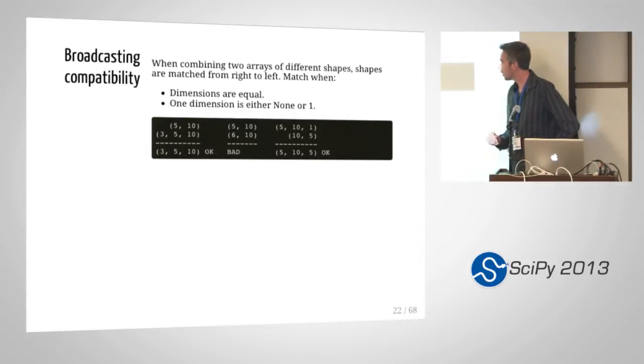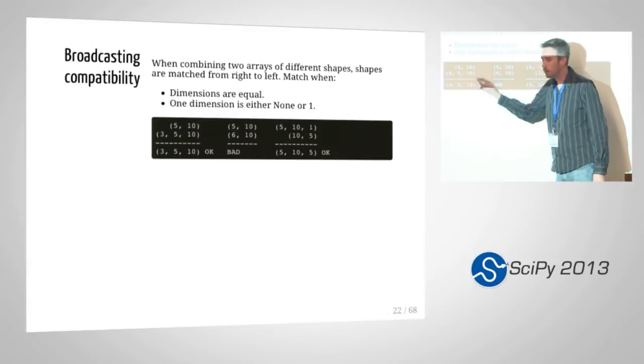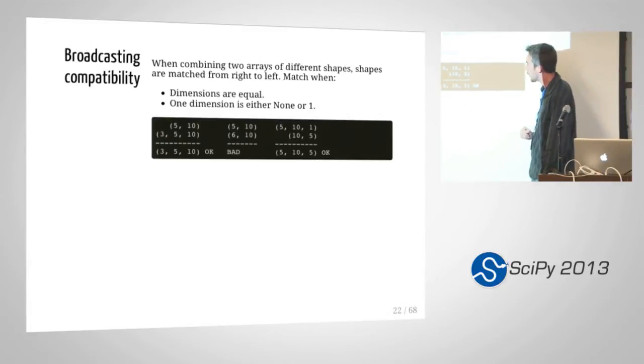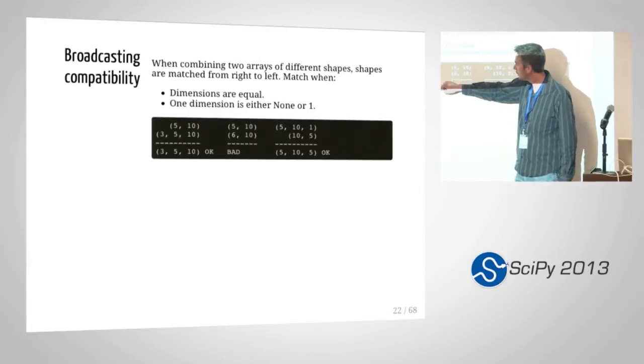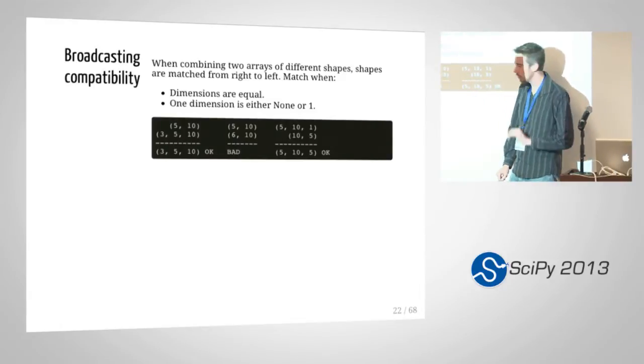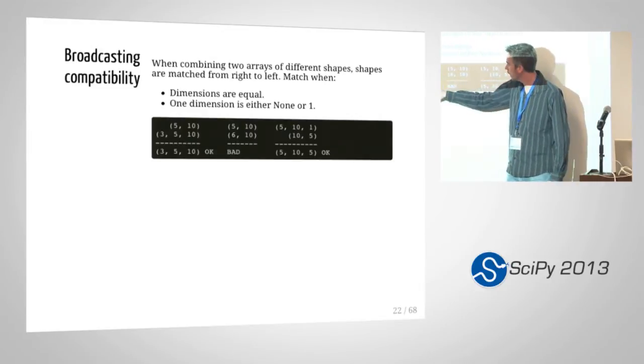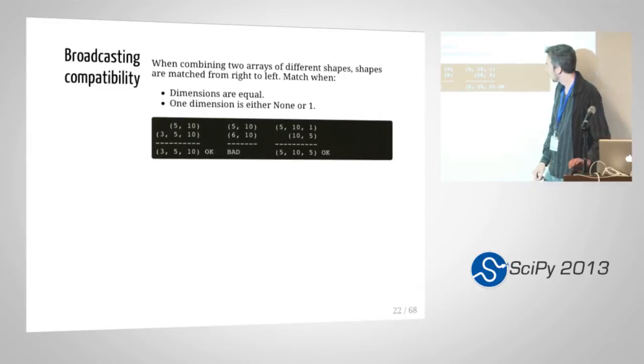I've got 3 different examples here. Here we've got an array of shape 5, 10, and 3, 5, 10. Those can be combined because 10 matches 10, 5 matches 5, and 3 is paired up with nothing. So that's fine. And if we combine arrays of those shapes, you'll get out 3, 5, 10.